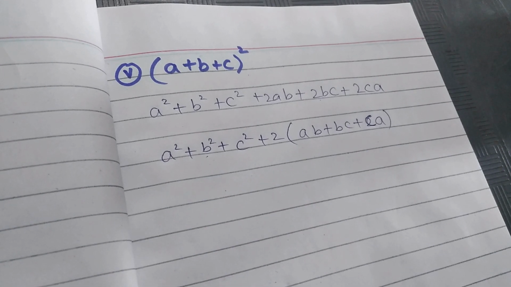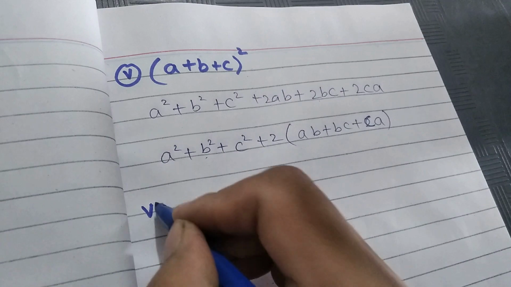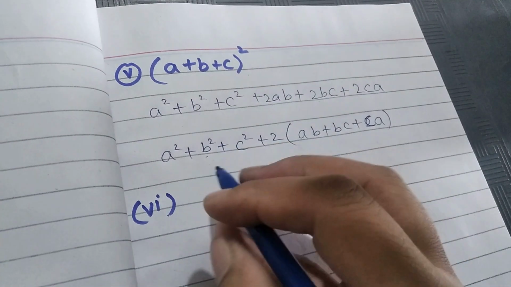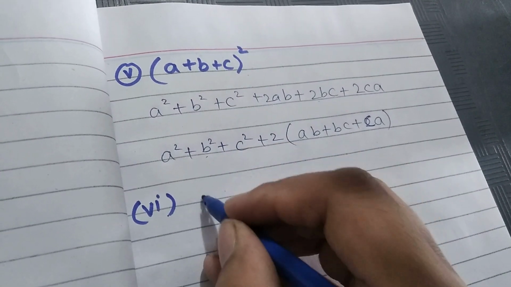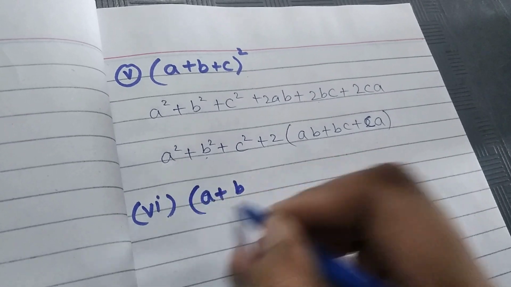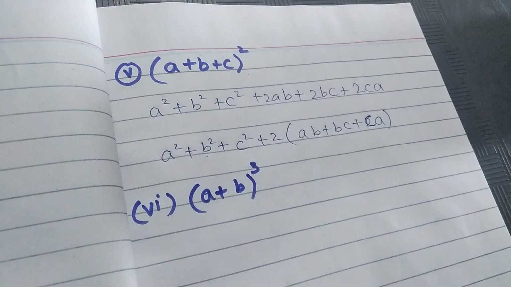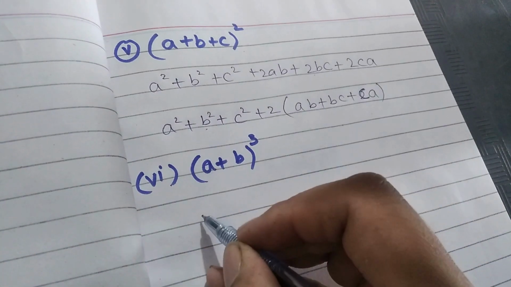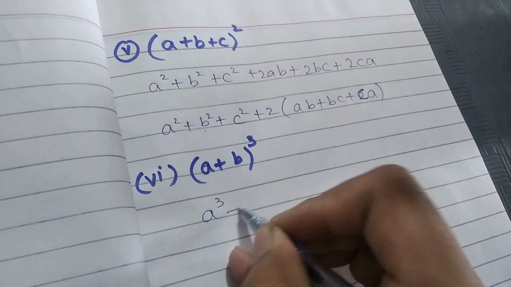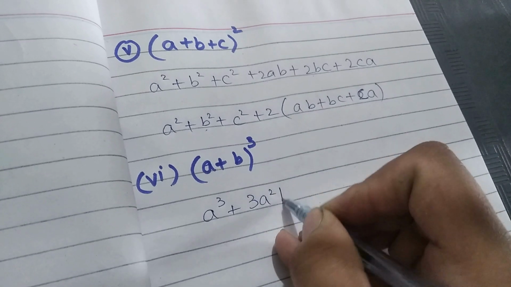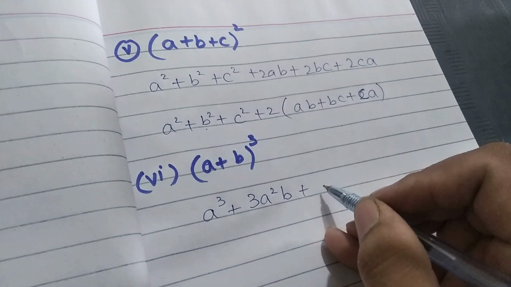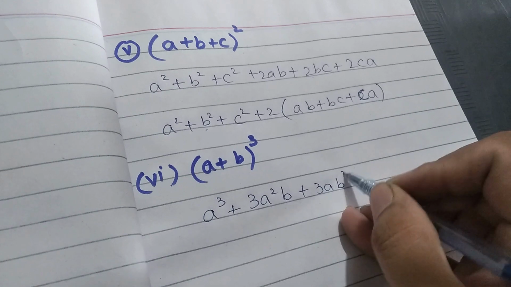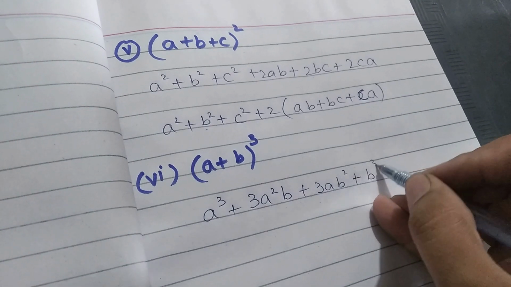Now the sixth formula is (a plus b) whole cube. (a plus b) whole cube equals a cube plus 3a square b plus 3ab square plus b cube.